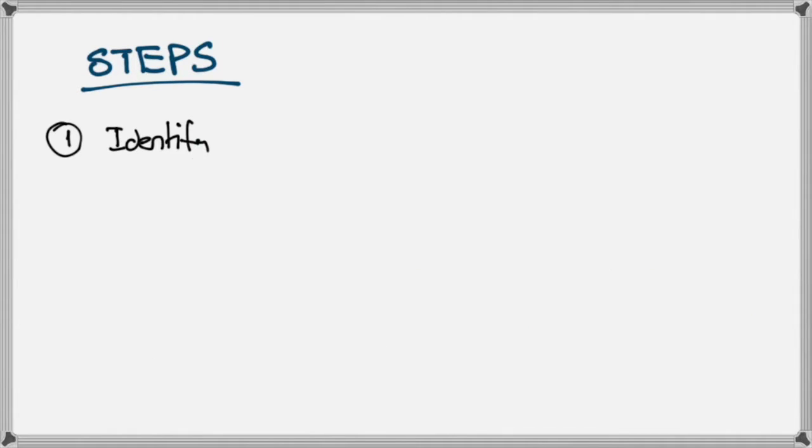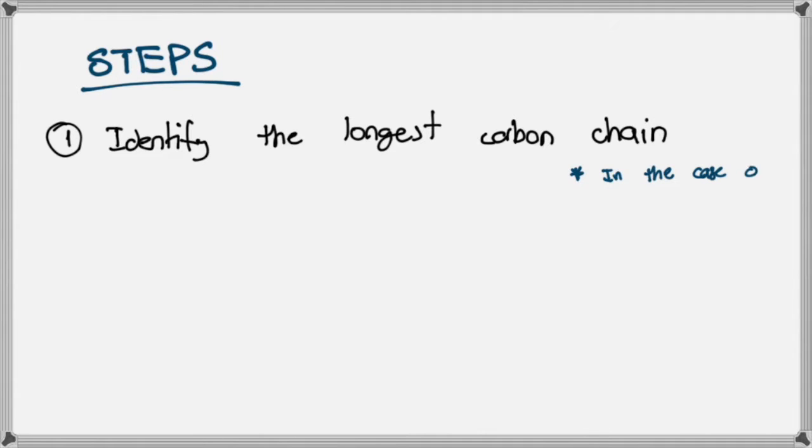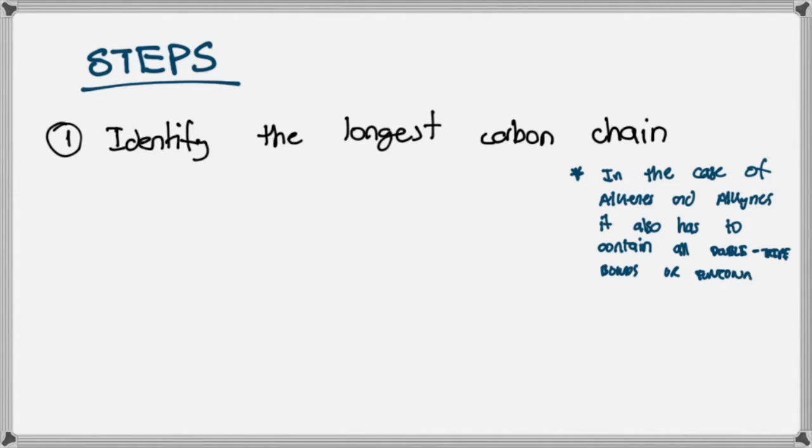So the steps we're gonna follow to name any branch hydrocarbon are: first, identify the longest carbon chain. But we gotta remember that in the case of alkenes and alkynes, the main carbon chain also has to contain the double and triple bonds and any functional groups.